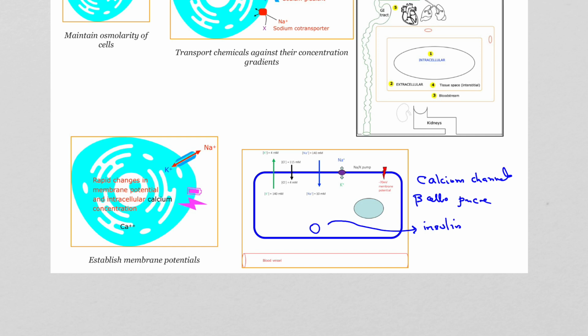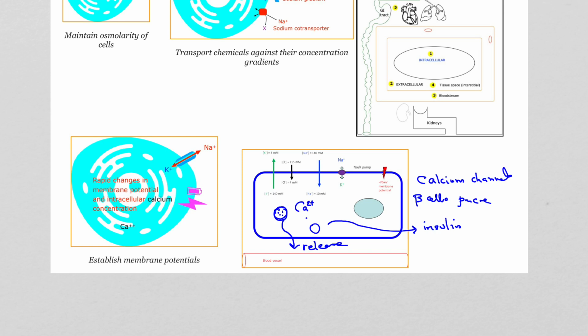Similarly, neurons have vesicles with neurotransmitters stored in them, and the opening of calcium channels brings more calcium into the neuron, and that helps these neurotransmitters get released out of the cell.